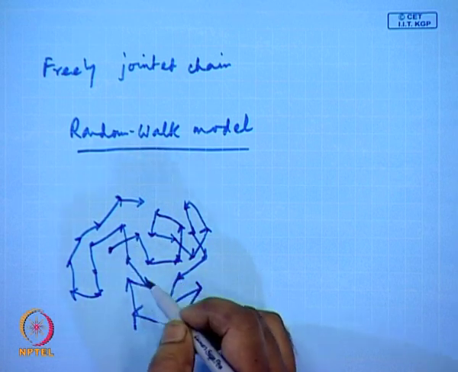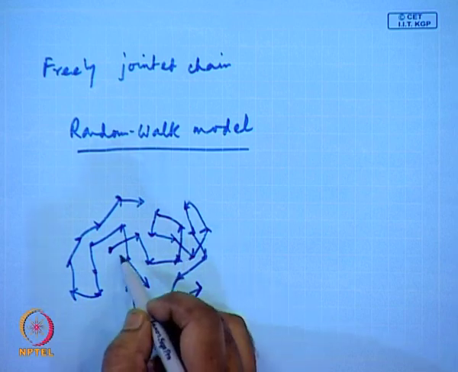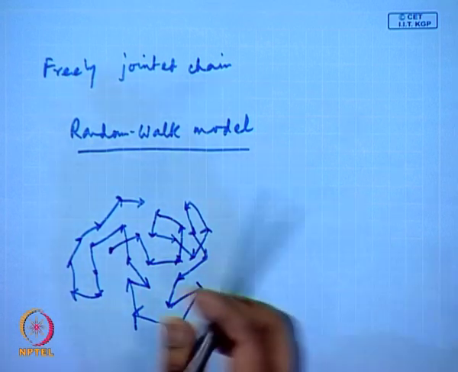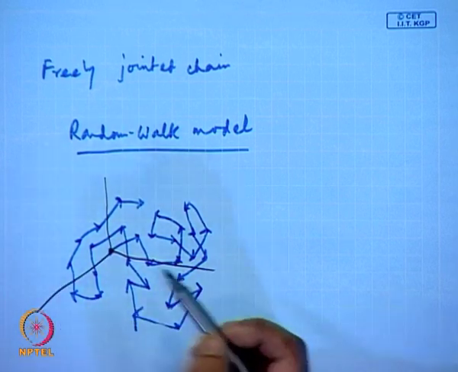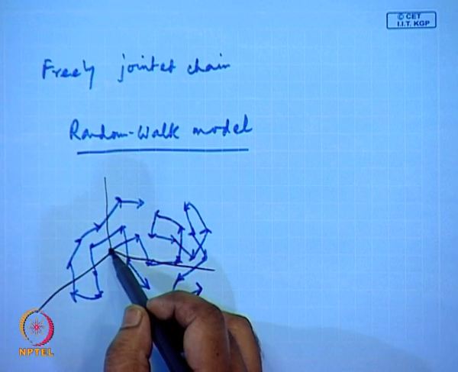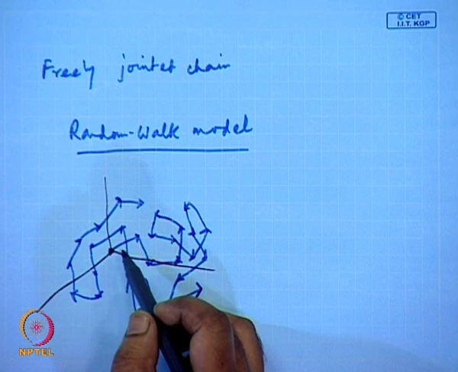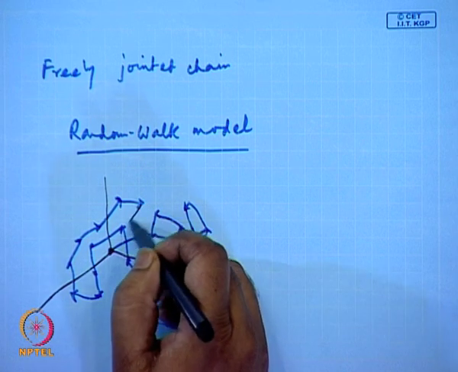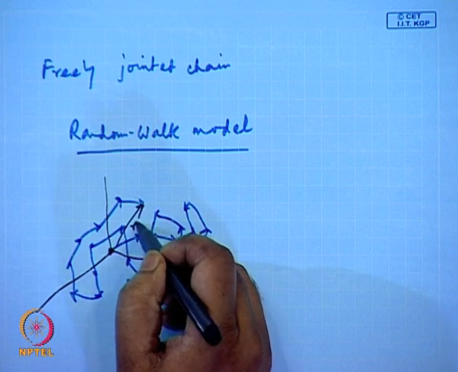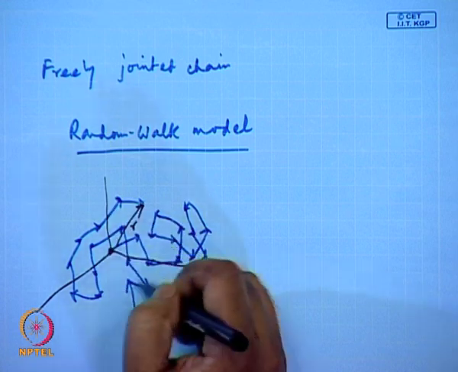What the model does is make a 3 dimensional coordinate system where one end is placed at the origin, and this is r.